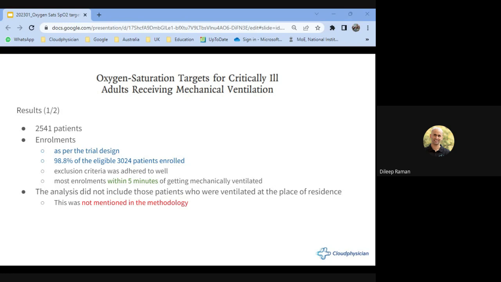The finer you get, the less relevant it becomes, because how many of you have titrated in that finer range at the bedside? Have you ever titrated 92 to 95, or have you ever titrated 95 to 100? It's unlikely. Many of you would be like, if it's above 90, it's fine. So then let's test the above 95 group and perhaps the below 88 group.